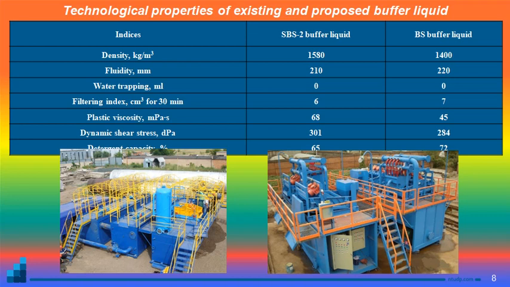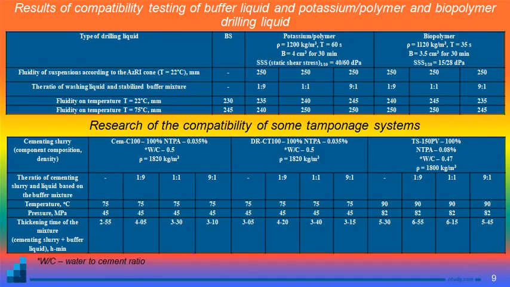It is recommended to apply structured buffer liquids, as an example, based on BS to improve the quality of fastening. It was established that the received buffer liquid based on the BS buffer mixture is characterized by satisfactory technological properties and has a high washing ability and is superior to the stabilized buffer mixture of the SBS2 type in terms of consumer indices.